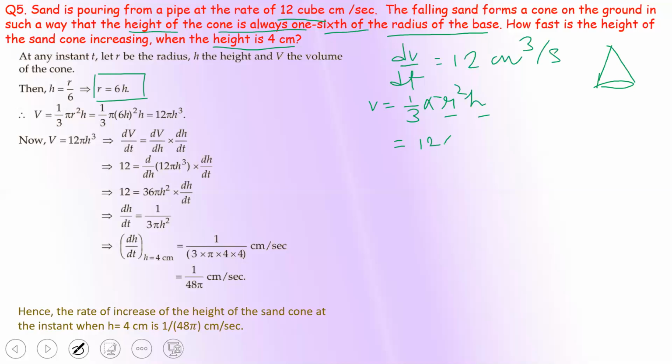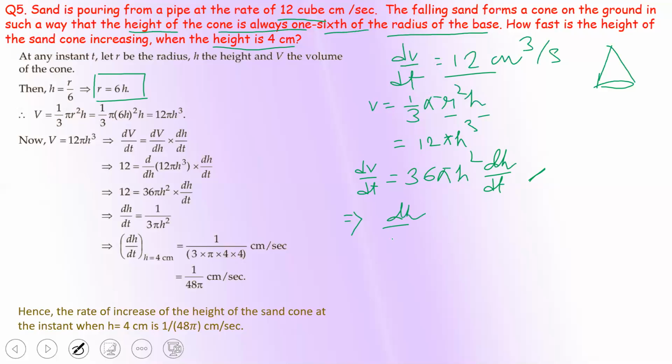So that will be 12 pi h cube. Now find the differentiation with respect to t. So that will be 36 pi h square dh dt. Now what you need to find? You need to find dh dt when dV dt is given 12.